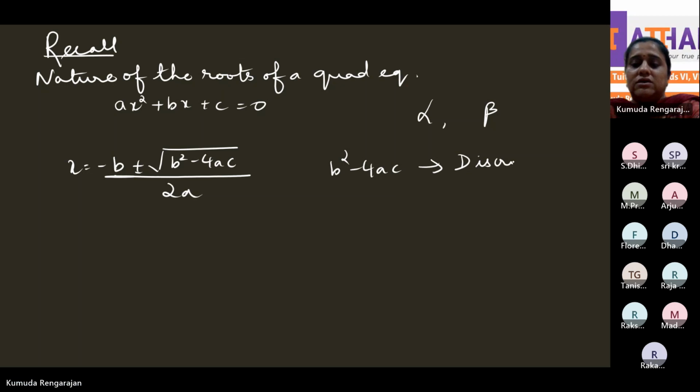Because the expression b square minus 4ac is under the square root, the value of this expression decides the nature of the roots of the equation.